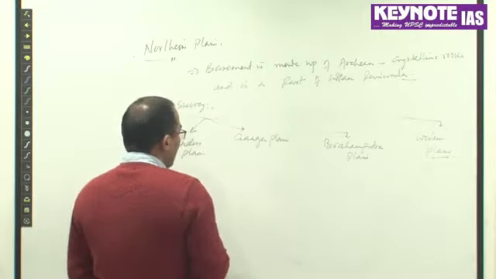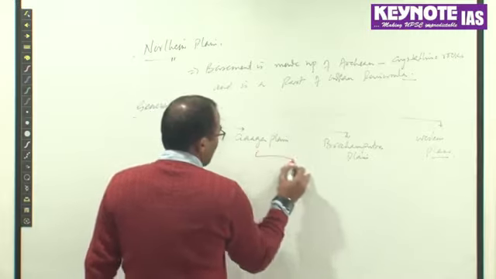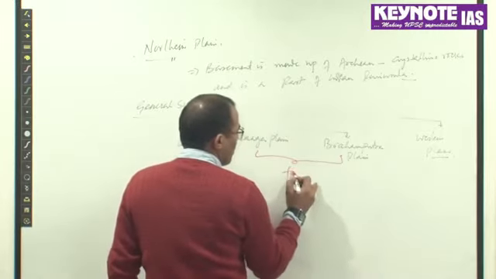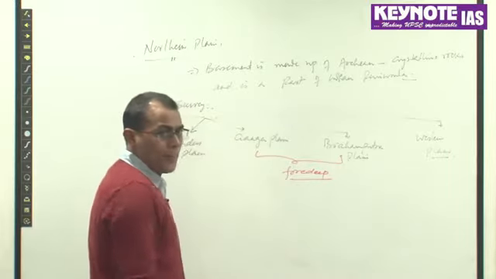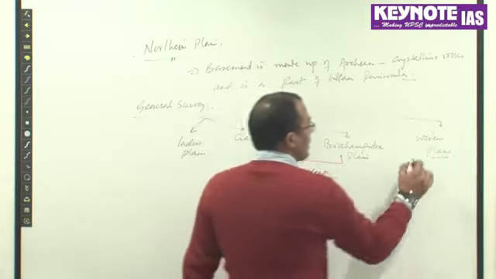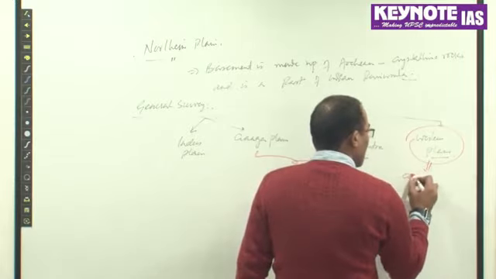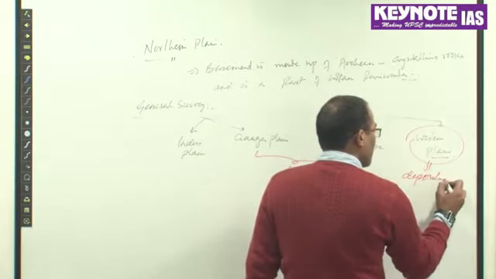All these three, basically Ganga plain and Brahmaputra plain, are a part of the foredeep. Western plain is basically deposition in the ocean.